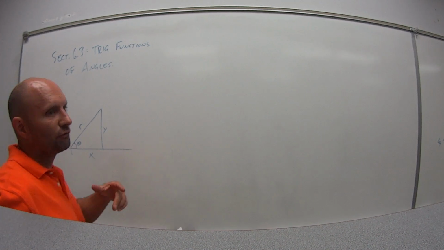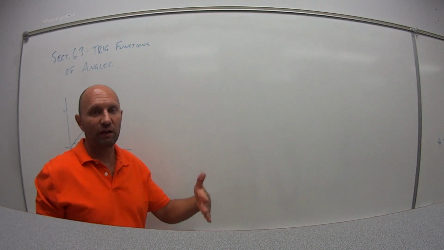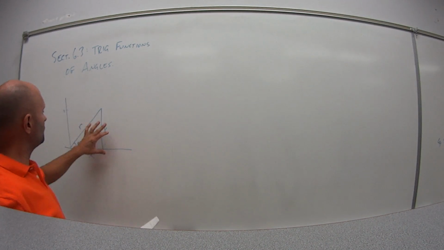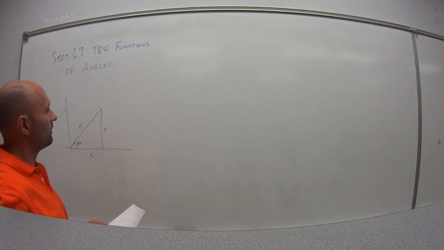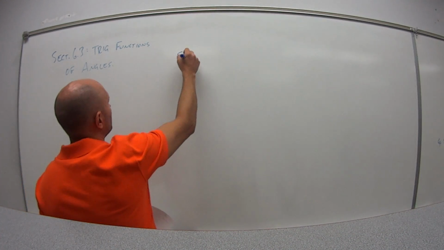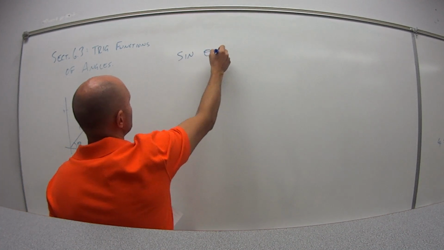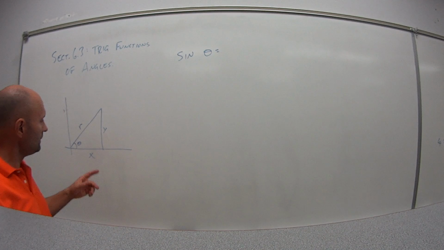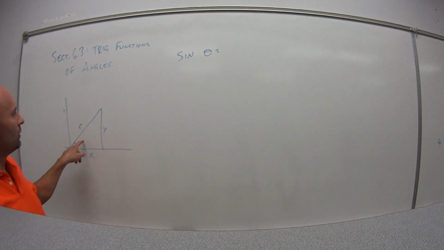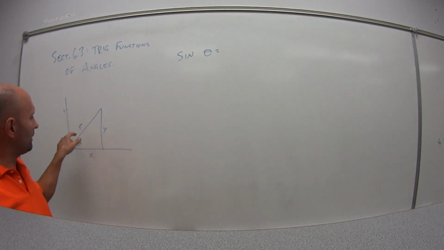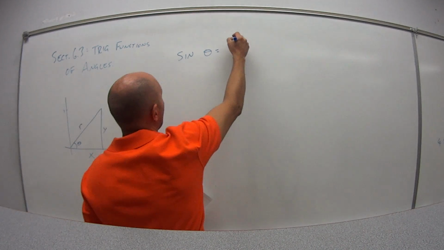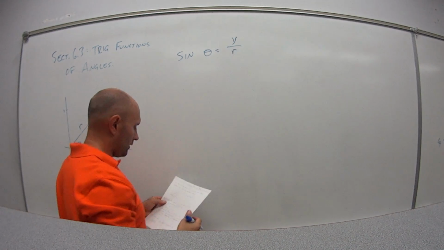So instead of talking about opposite, adjacent, and hypotenuse, we're going to use our values of x, y, and r. So we have the following, and again this is probably a cheat sheet item that you want. Sine of theta would have been opposite over hypotenuse, so in this case it's y over r.